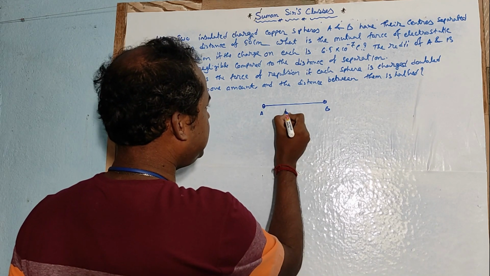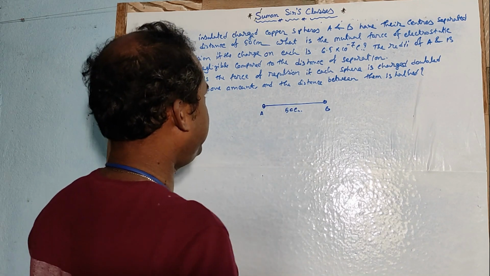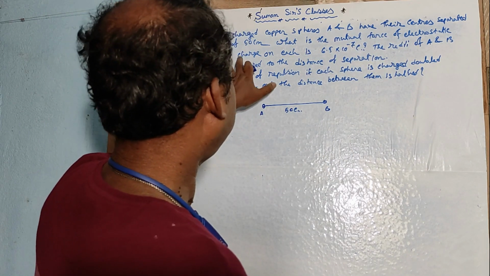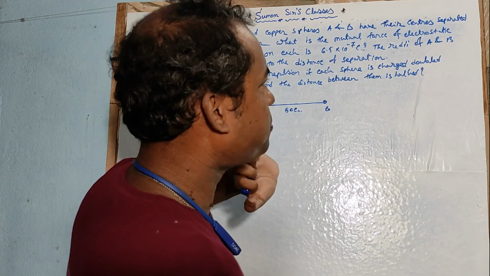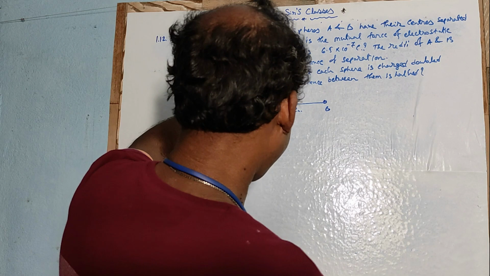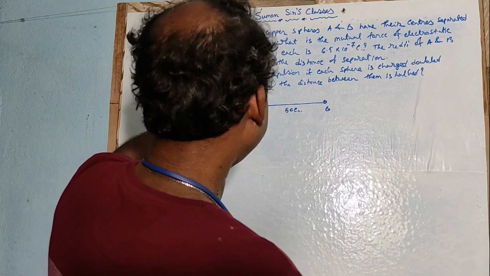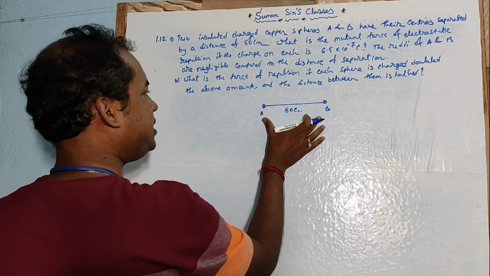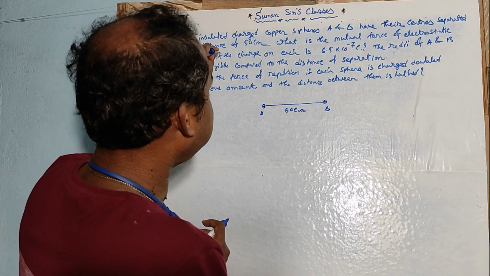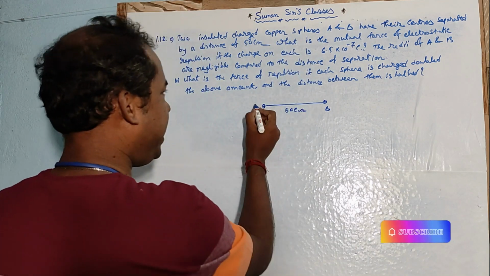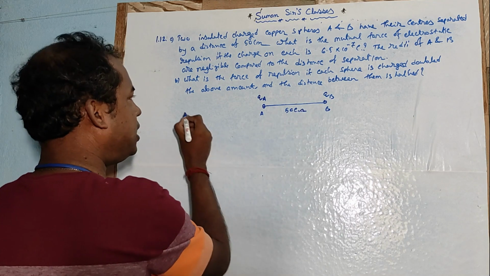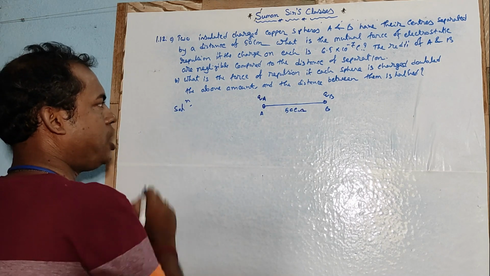The distance between them is 50 centimeters, as given. What is the mutual force of electrostatic repulsion if the charge on each is 6.5 × 10^-7 coulomb? This is given here, and the radii of A and B we have to find out. Consider the charge on A as QA and on B as QB.